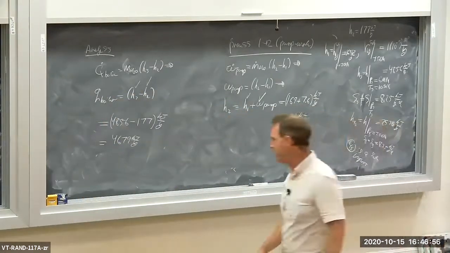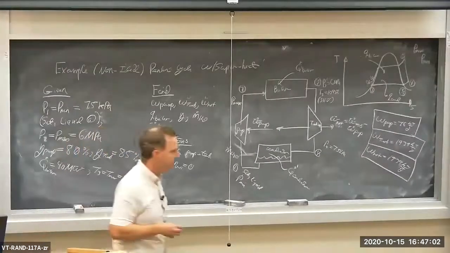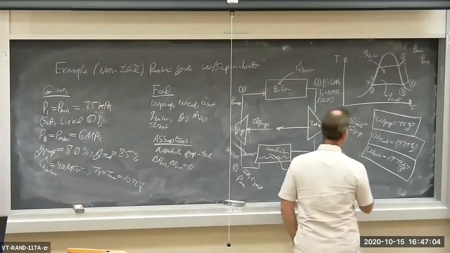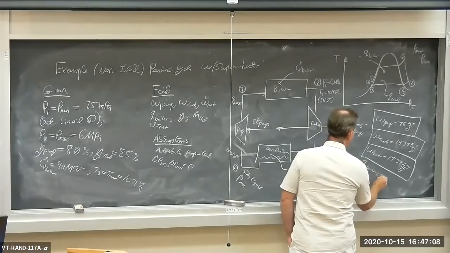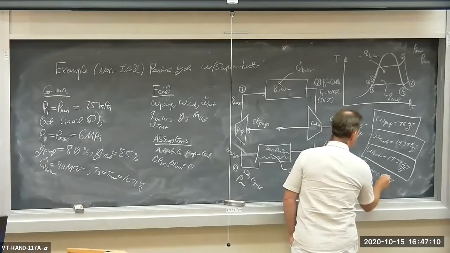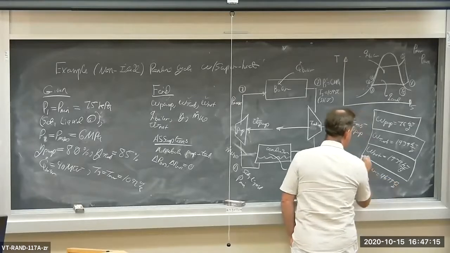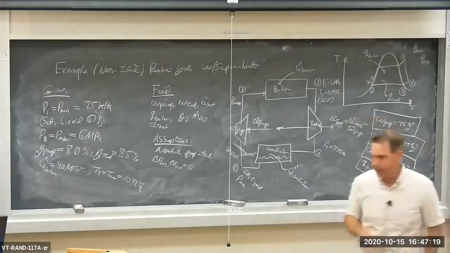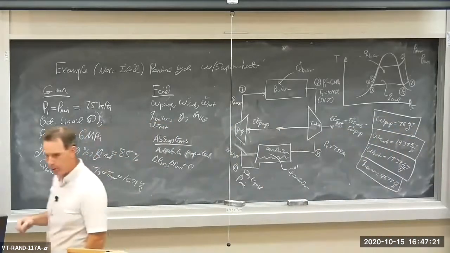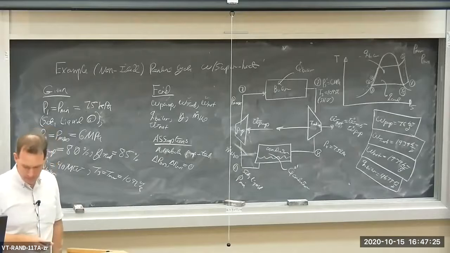So the specific heat addition in the boiler, Q boiler, equals 4679 kilojoules per kilogram. Running out of space here, as usual. Hard to do these problems with only two small blackboards.